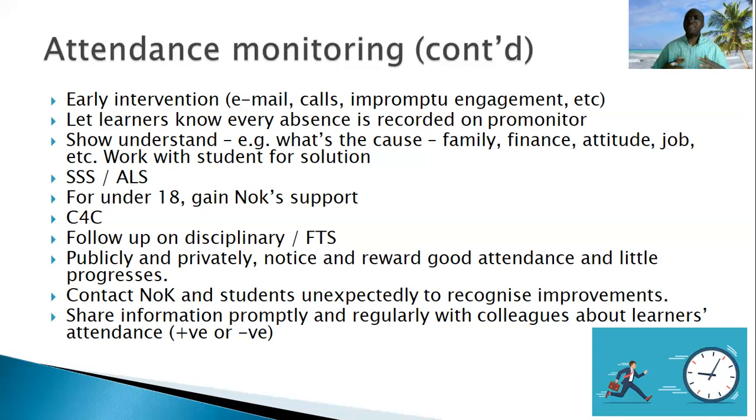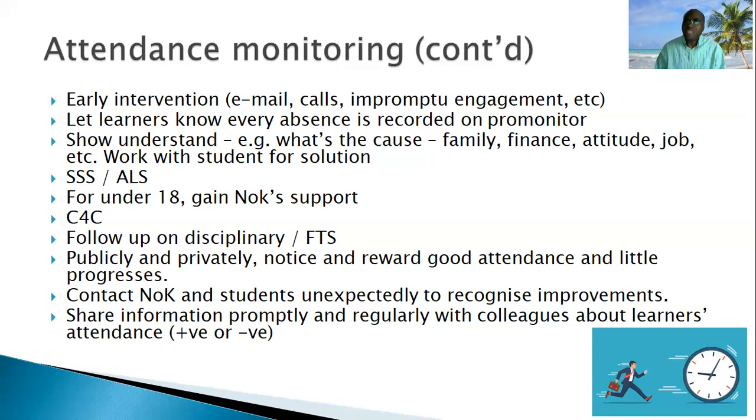Well, if it is getting bad, if it's getting repetitive or becoming very recurring, one of the things we can also do is to use the instrument of cause for concern, in which case you record it as a cause for concern, and students already know that if this repeats itself two or three times, if they have received a cause for concern, that can lead to disciplinary procedure.